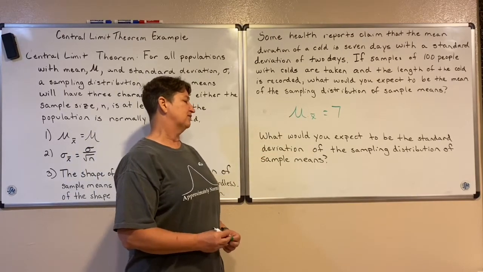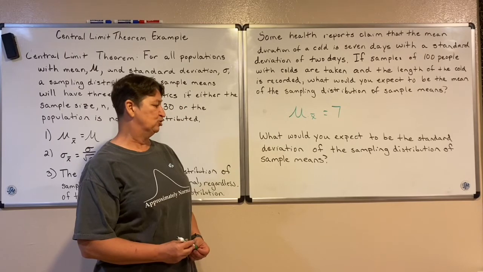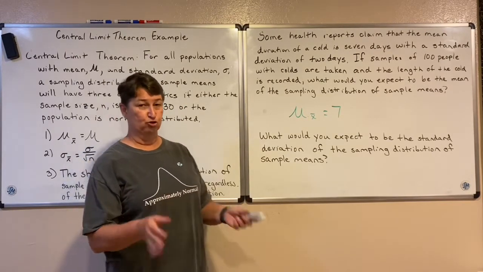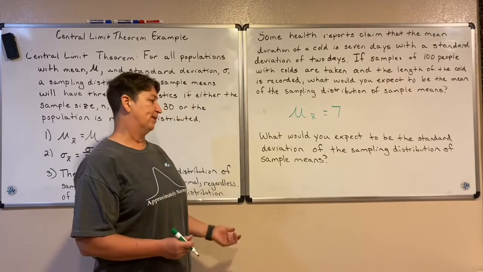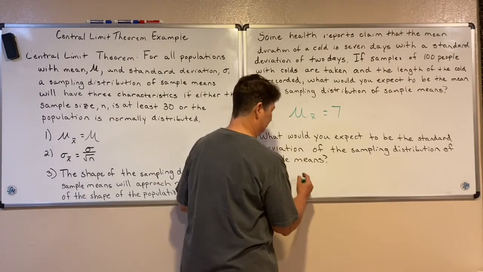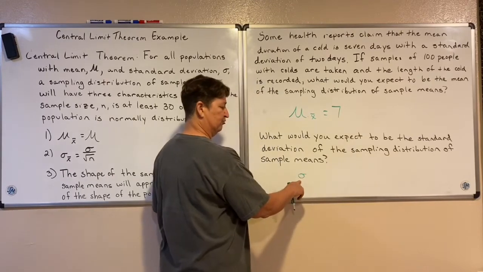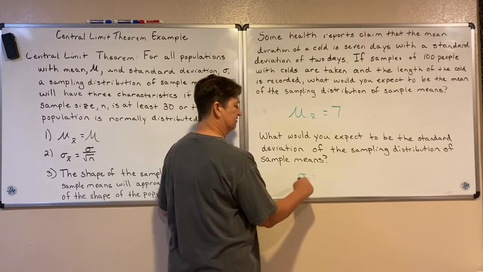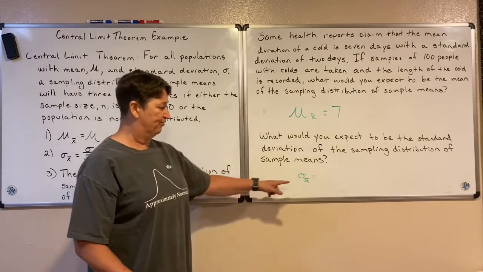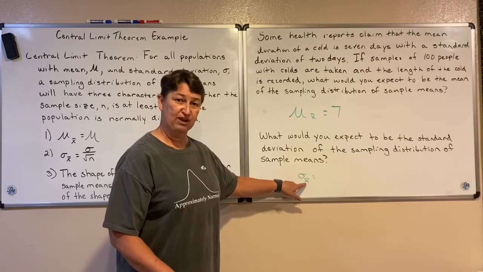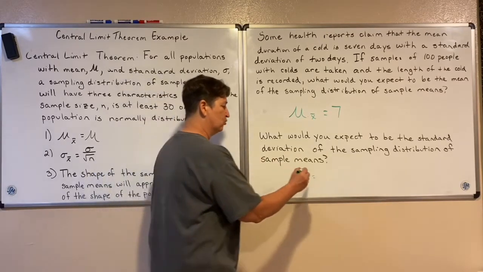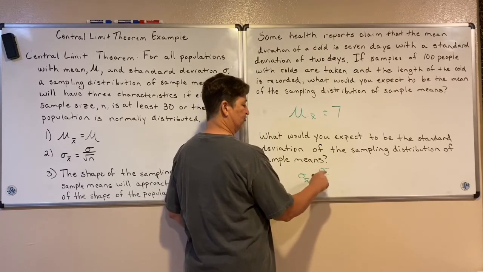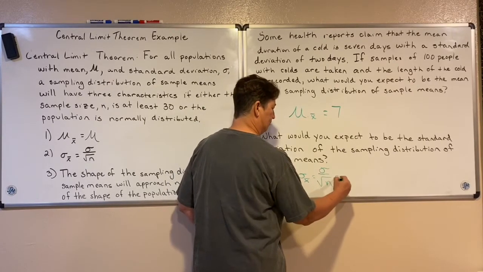What would you expect the standard deviation of the sampling distribution of sample means to be? So what would I expect the standard deviation to be of this new distribution that we've created of sample means? Well, I know from the central limit theorem, again, sigma tells me I'm talking about standard deviation. This little X bar means that it's the standard deviation of the sampling distribution of sample means. That should be equal to the standard deviation of my population distribution divided by the square root of my sample size.